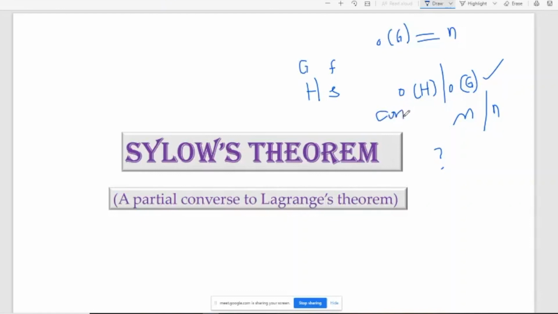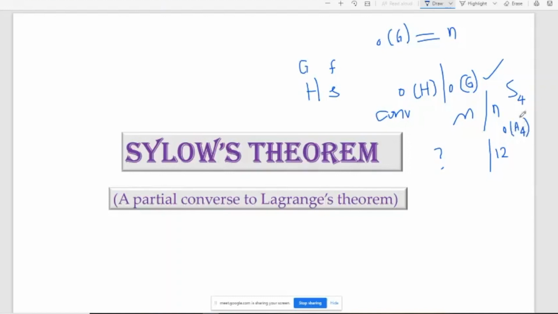The converse is, for example, if I have 12 to be the order of some group. Actually, the converse is not true. We will be considering A4, the alternating group, which is a subgroup of S4, the collection of all permutations on 4 symbols.